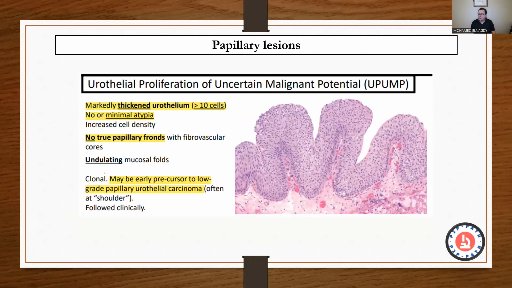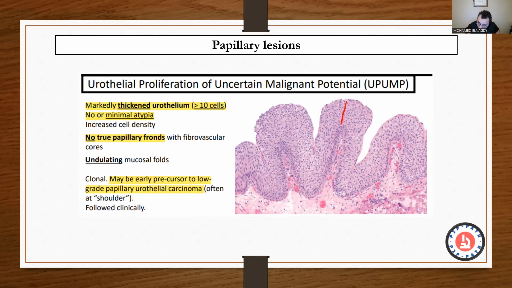This should not be classified as a papillary lesion, actually, because here there are no papillae. There are no finger-like projections. It's what I would call pseudo-papillae. Why do I say pseudo-papillae? Because there are no long finger-like projections with fibrovascular cores. It's just wavy mucosa to the point that it creates a false impression that you're dealing with papillae, but there are no papillae there.